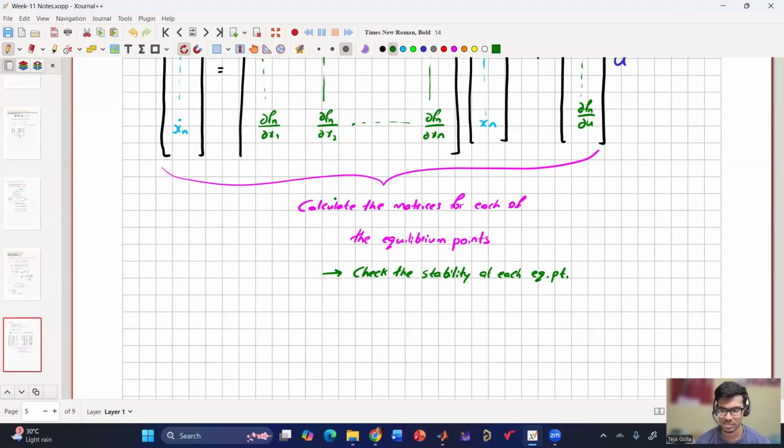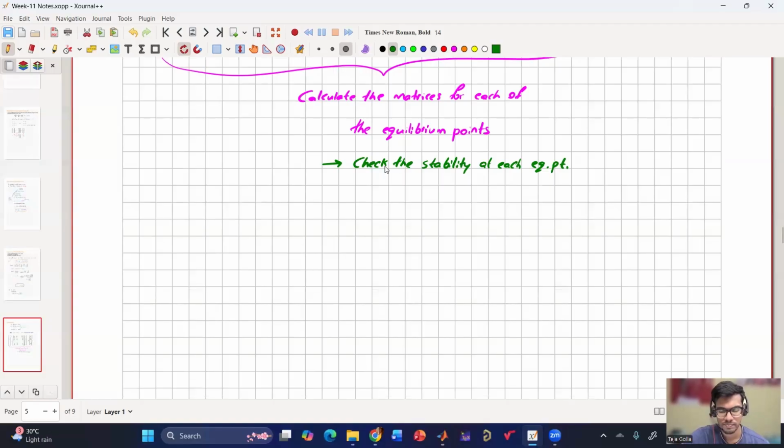Sir has discussed that, but due to time constraints, I may not be able to consider any problem and show. But I have shown one predator prey model in the beginning weeks, I think the first week, if I'm not wrong. So you can go to that video and check there. Since there are many other topics to be discussed in today's session, I'll not be covering that limit cycle oscillation example.